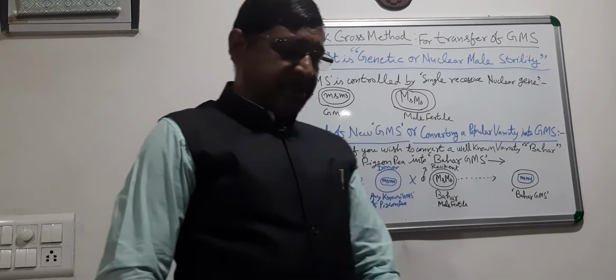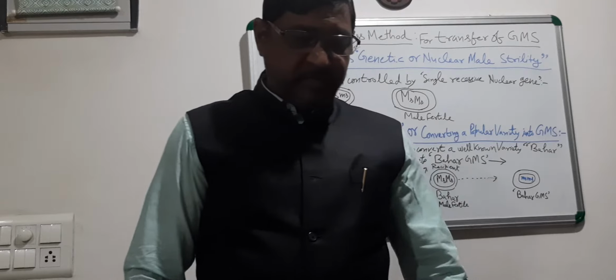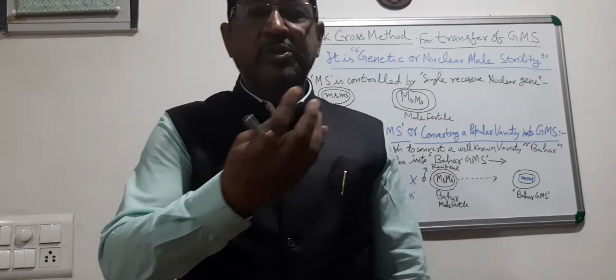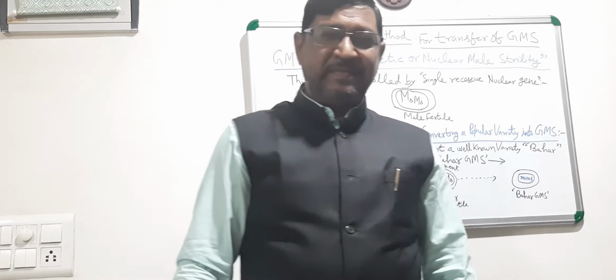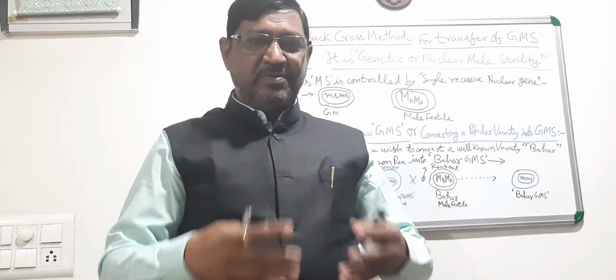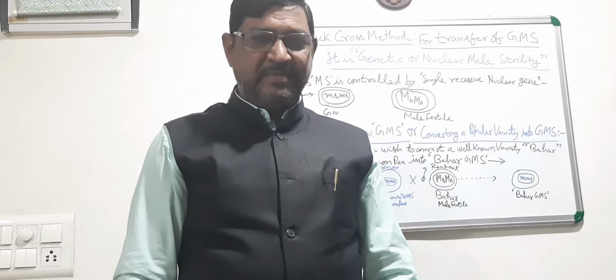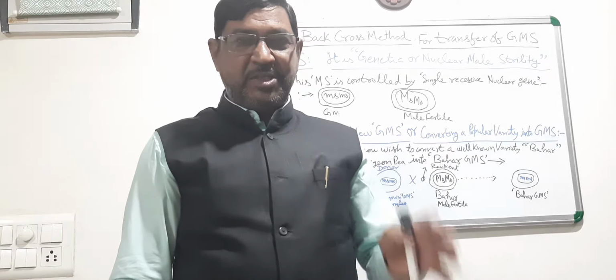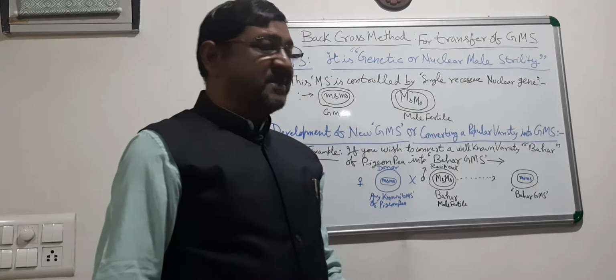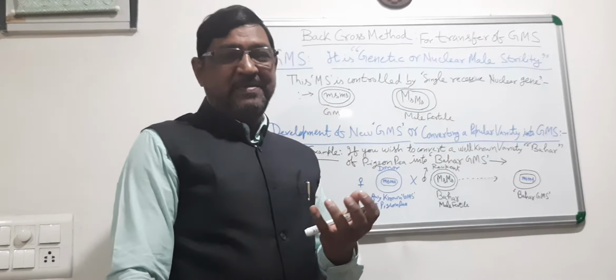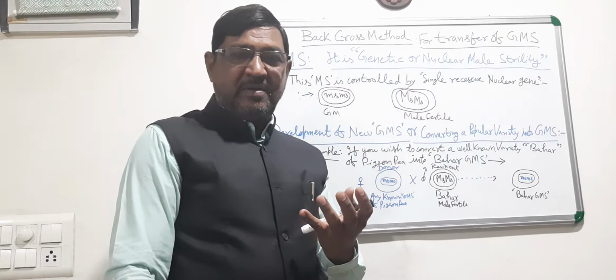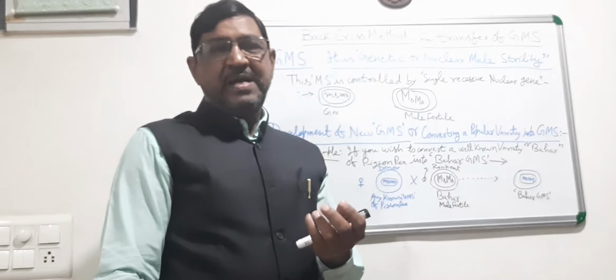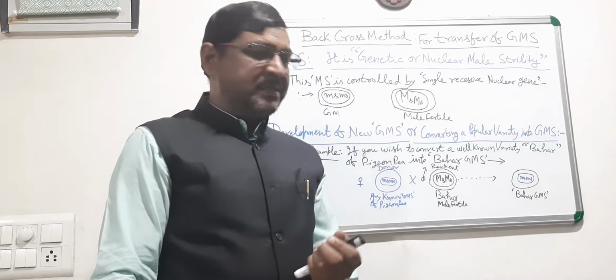So as you know, in heterosis breeding you need a male sterile line. If you are going to develop a hybrid for exploiting heterosis, you have to have a proper female parent and a proper male parent.